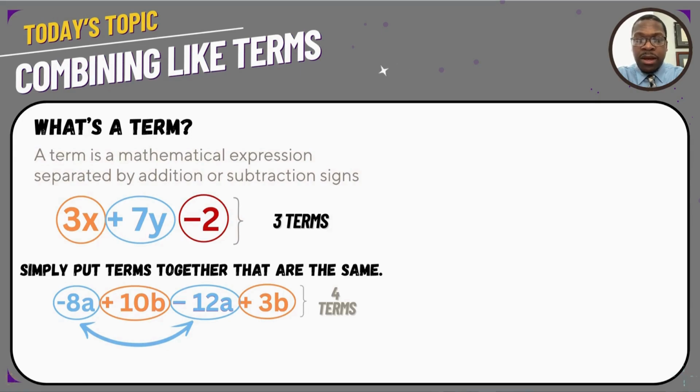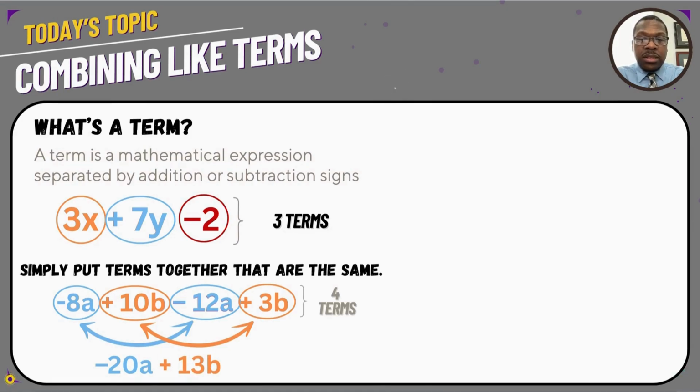Negative 8 combined with negative 12 should give us negative 20, so we'll put negative 20a. Just like the next one, which we have in orange, now we have positive 10b combined with positive 3b. Well, positive 10 combined with positive 3 should give us positive 13, so we'll put positive 13b.